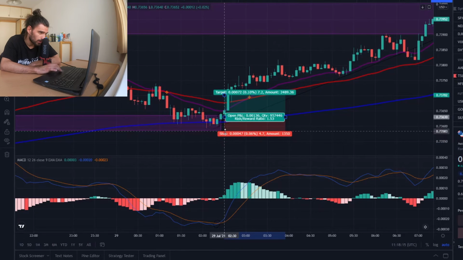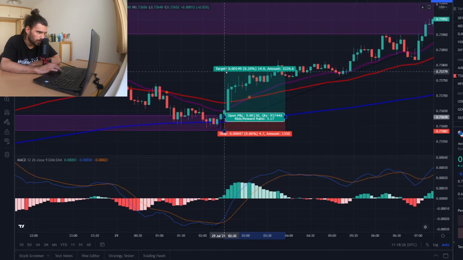And the stop loss should be somewhere around the lowest candlestick that has been formed before.